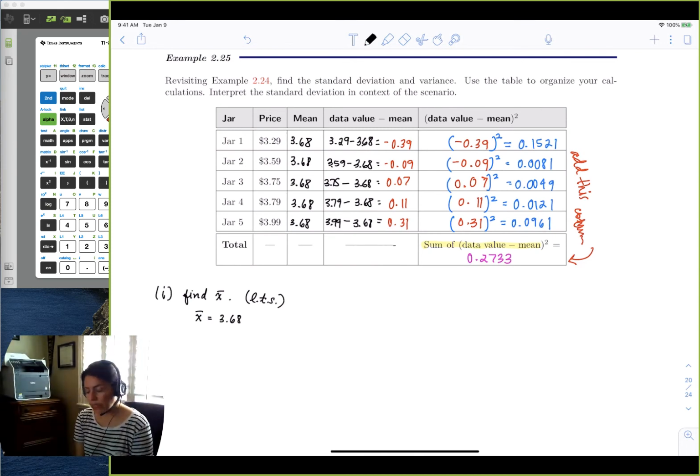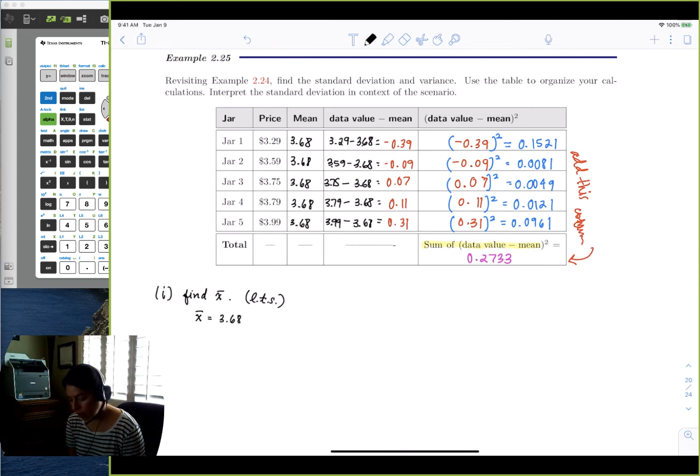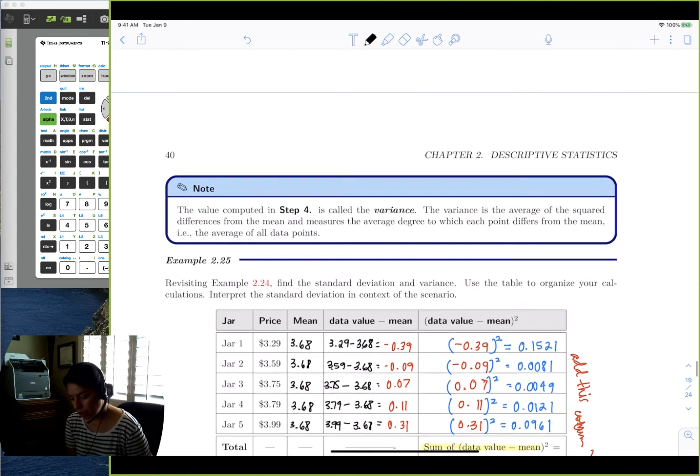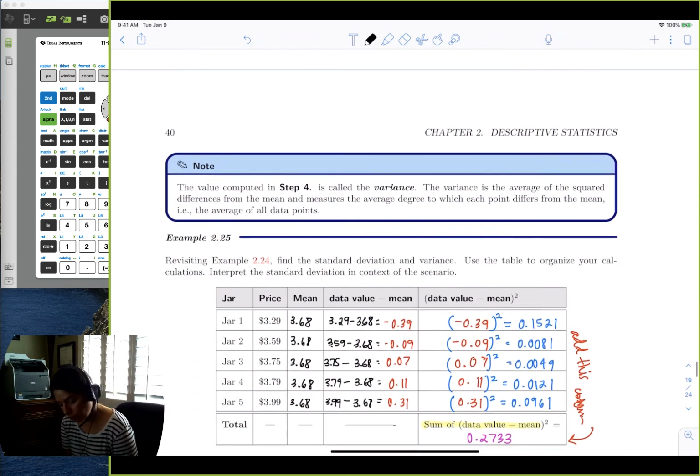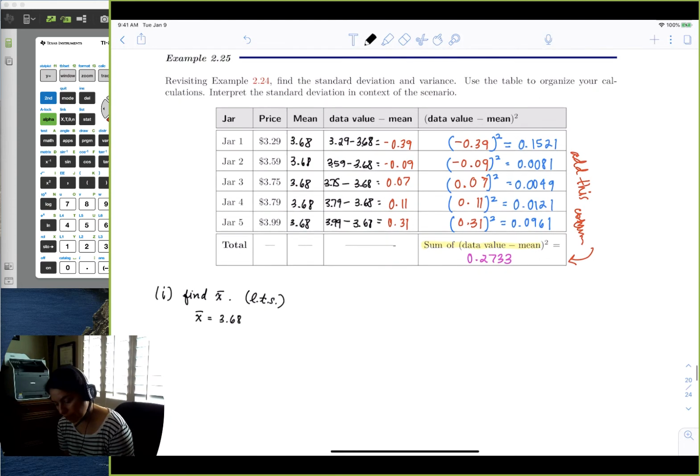Okay, and so now that we've done all the steps that we need, we're actually now on step 4. So step 1 was to go ahead and, let's go up here, find the difference and then square it, and then sum them. So these are the first few steps of this problem.